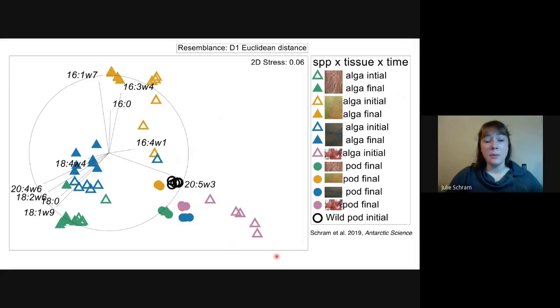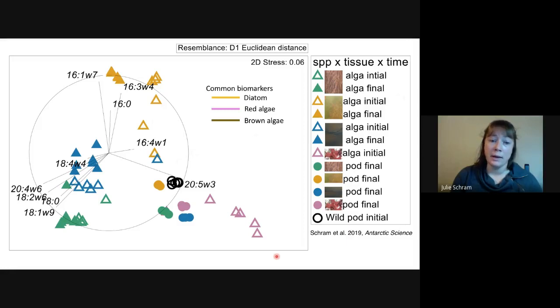And then on top of all of this, I have plotted vectors that indicate the fatty acids that are contributing to the differences or the distribution of these samples. And I'd like to highlight some fatty acids that are commonly used as diatom, red algae and brown algae biomarkers.